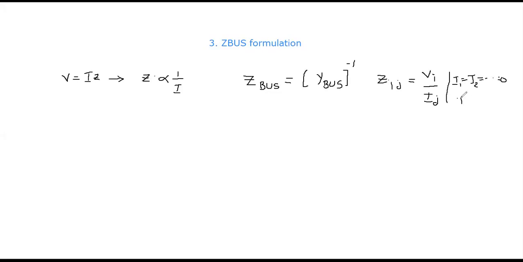Similarly, Ij should not be equal to 0. If Ij is equal to 0, there is no meaning for that, because Zij would be infinity. Since it is a symmetrical matrix, we can directly write Zij is equal to Zji. So this is the information you required before starting.